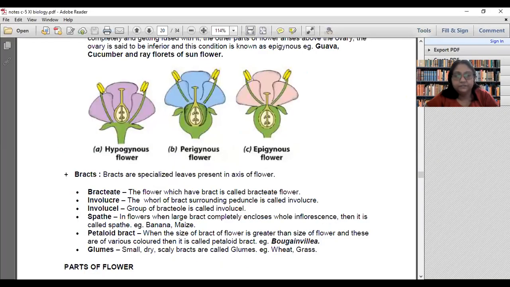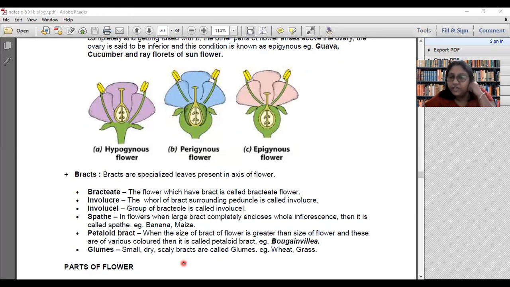If in any case the bract is looking like a petal, we will call that specialized bract a petaloid bract, which is present in case of bougainvillea. We just now observed.